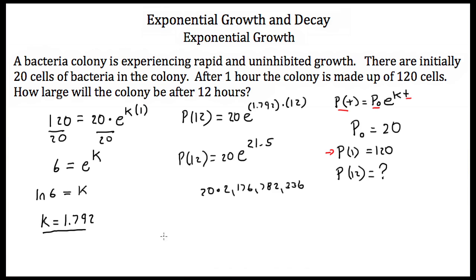If you multiply that by 20, you're going to find out that after 12 hours, the population of bacteria is 43,535,646,720. So there are over 43 billion bacteria cells in the colony after 12 hours.